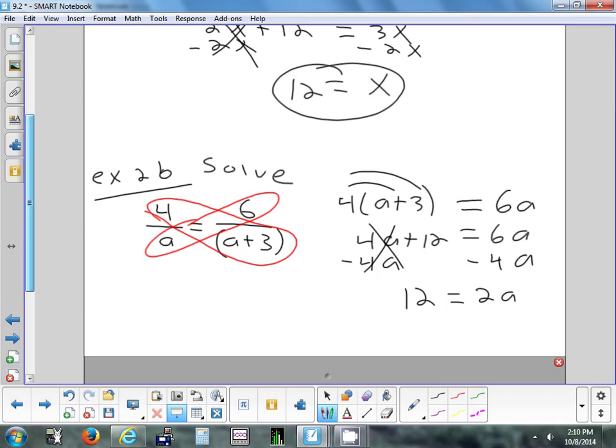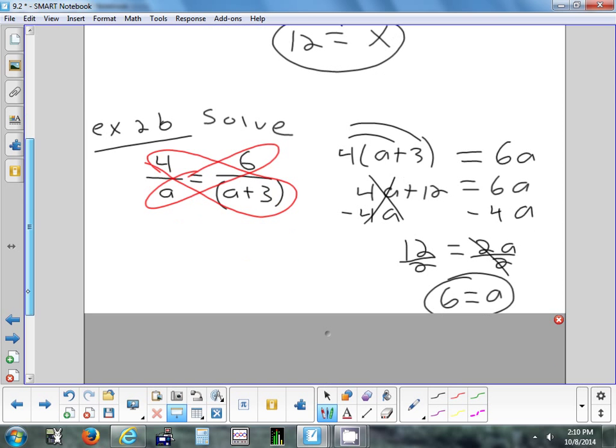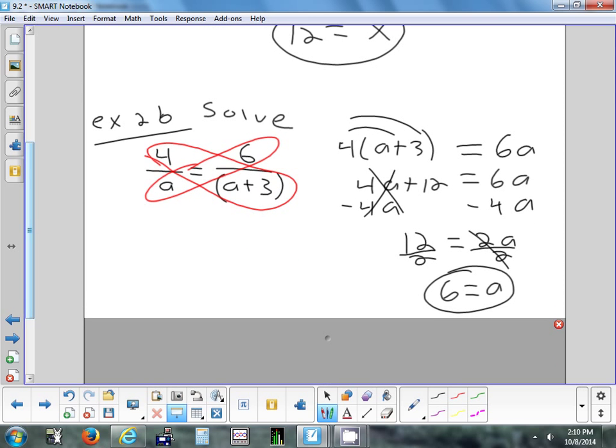What's my last step? Divide by 2. And what do I get for a? a is 6. Questions on that one? These are the exact kind of problems you're going to have on the test. They're not that bad if you know how to do them.